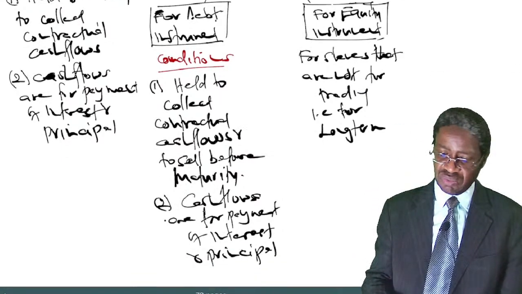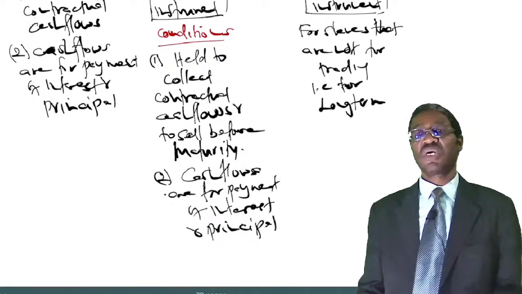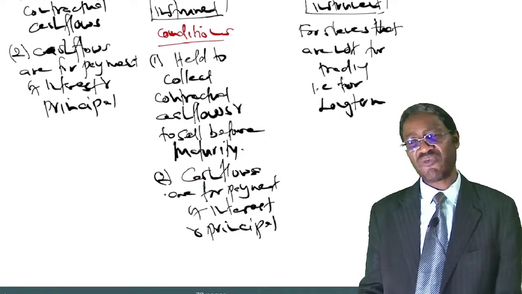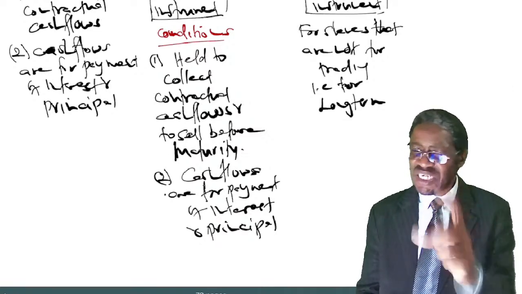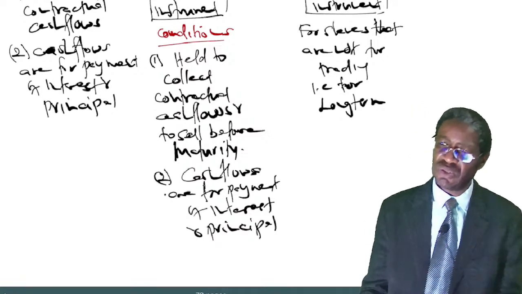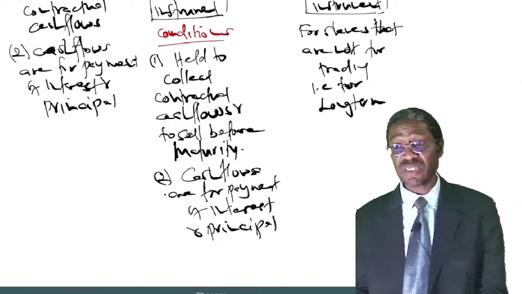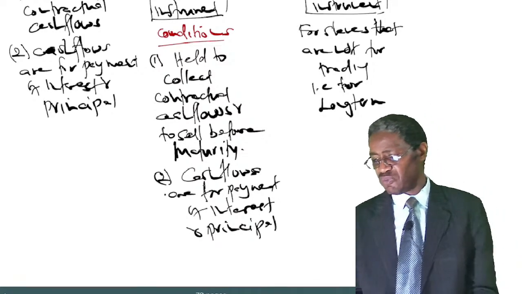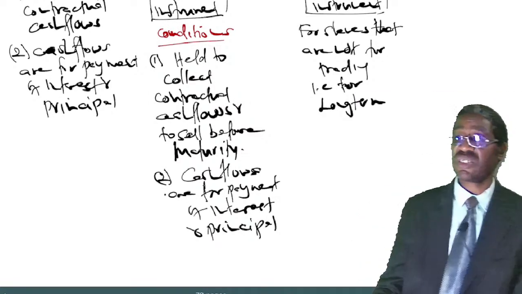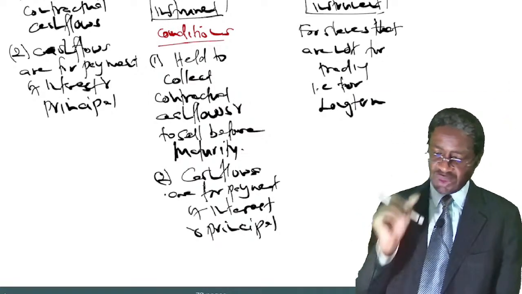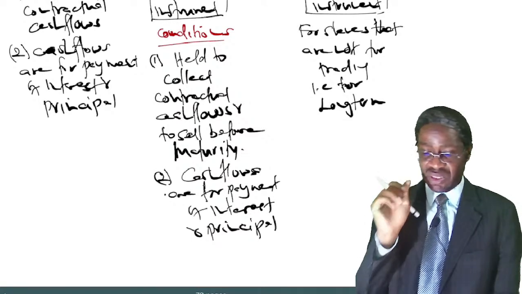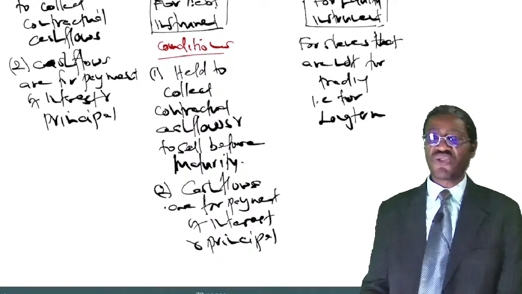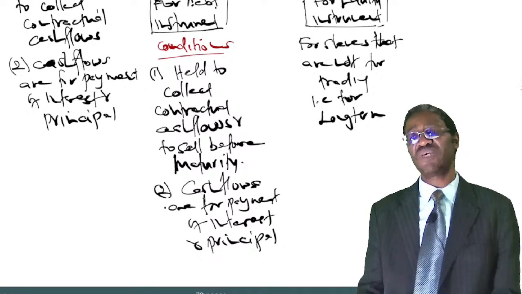Number two, cash flows are for payment of interest and principal. Good. So I hope you are through with those two conditions for debt instrument.